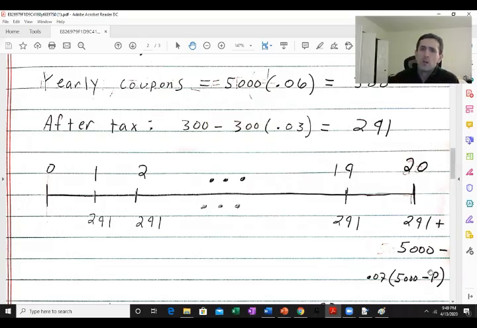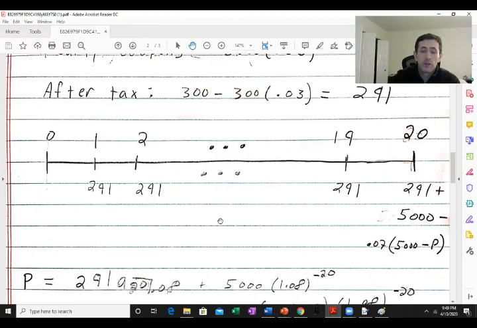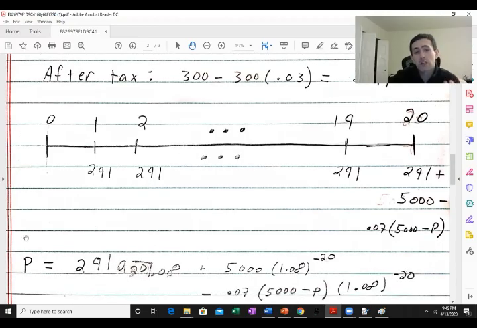And it's negative because you have to pay it. We're willing to pay the present value of all this at 8%. So the bond price is exactly the present value of all the cash in and the cash out. The only cash out is this tax on the discount of the bond.